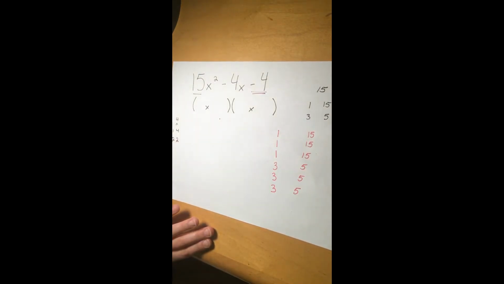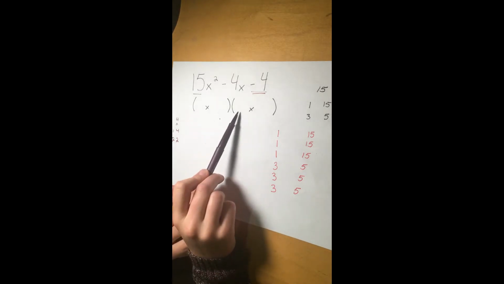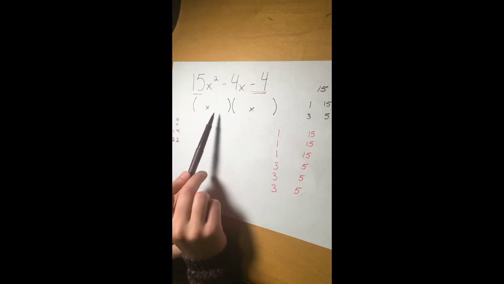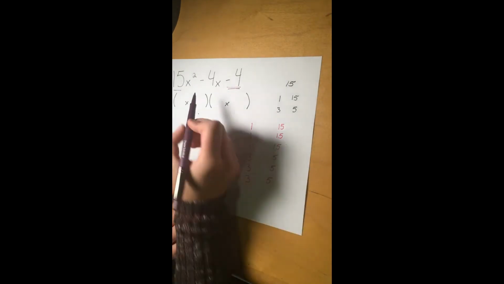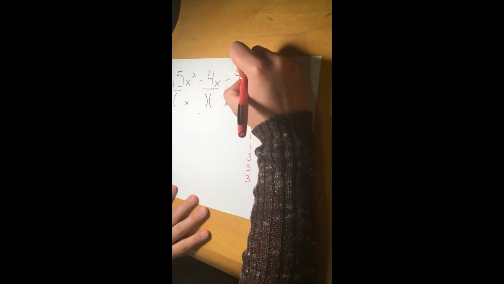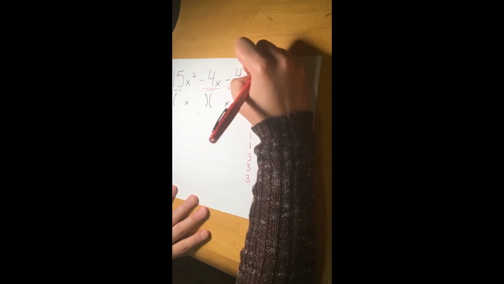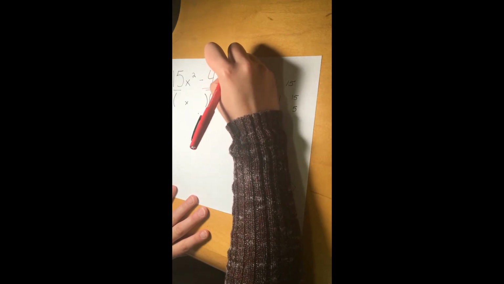So then we set these up, and we know that what's going to happen is that these coefficients are going to get multiplied by these second numbers. And so we have to check all the possibilities that would bring us to add to this. So we're multiplying for this, and we're adding or subtracting to get this.